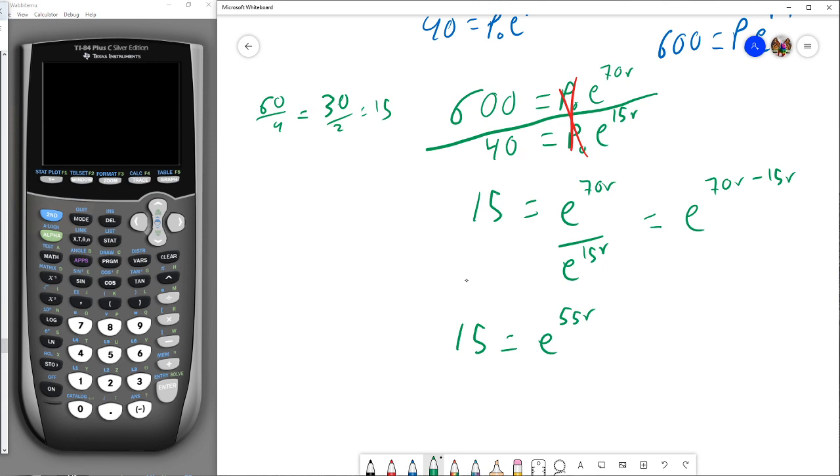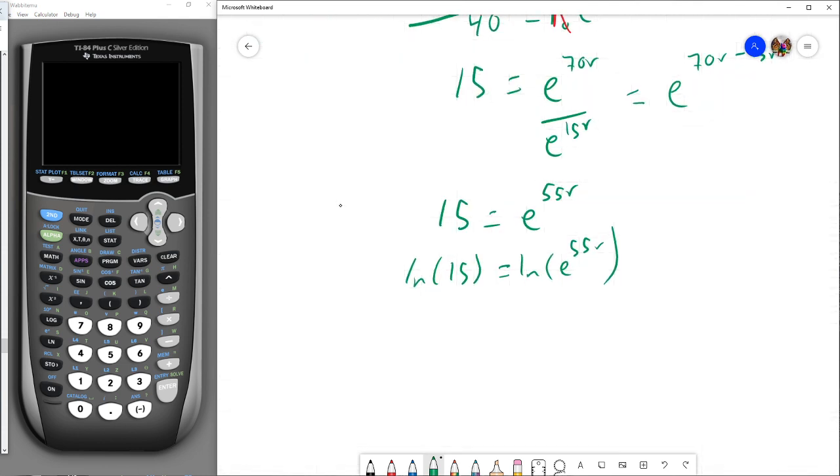Notice that now we just have a nice exponential equation that we can solve. I'm going to take natural log of both sides, and our exponential and logarithm on the right side will cancel out.